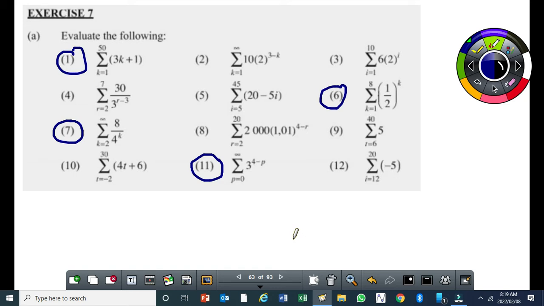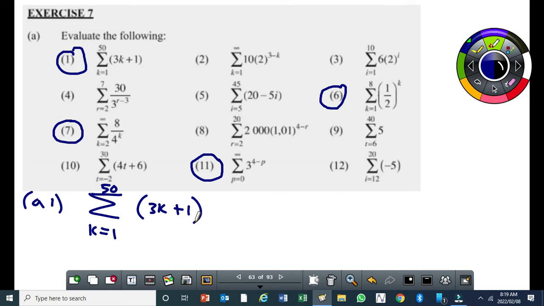So, the first question, I'm going to do A1. That's the first question I gave you as homework. So, we're given sigma from k equal to 1 up to 50 of 3k plus 1.